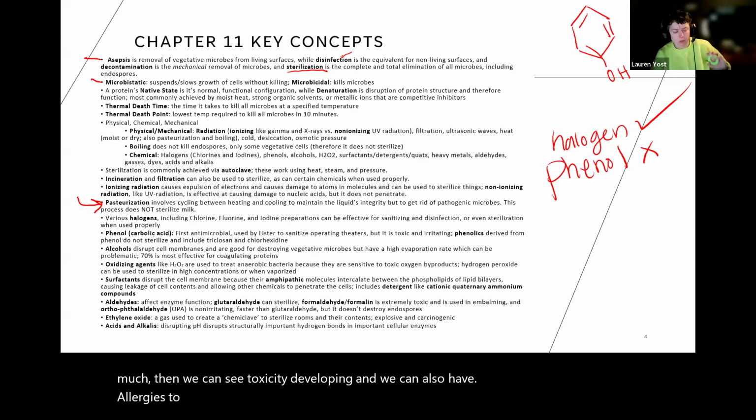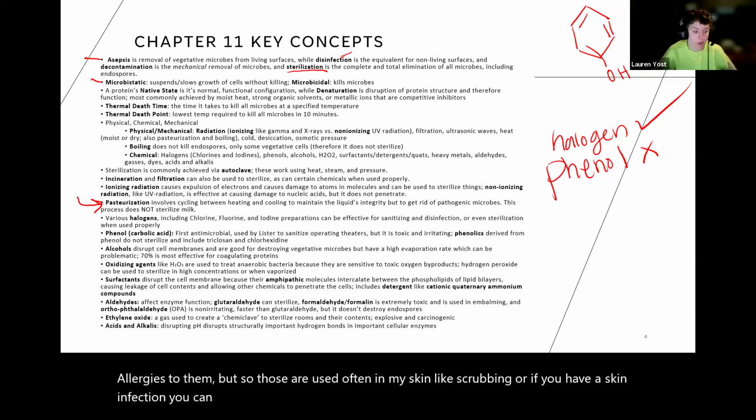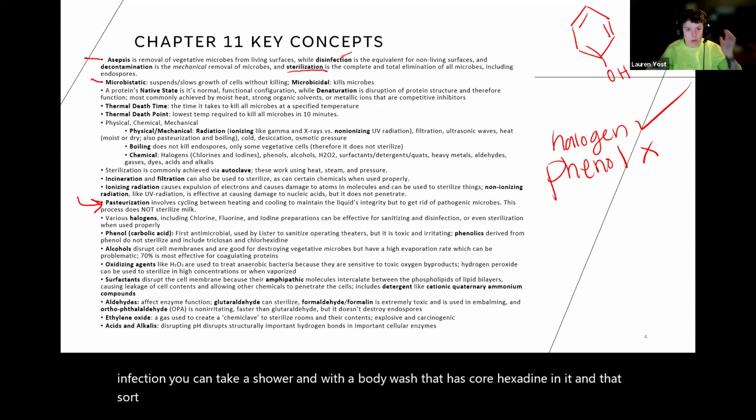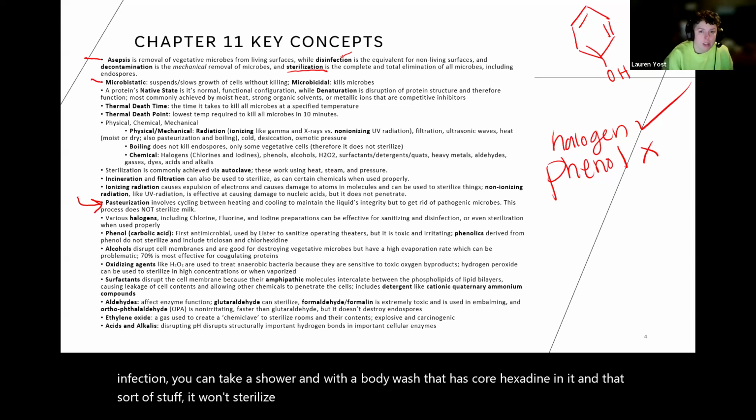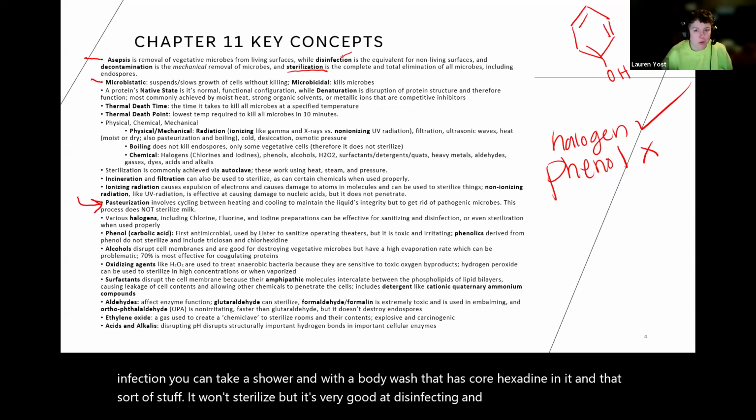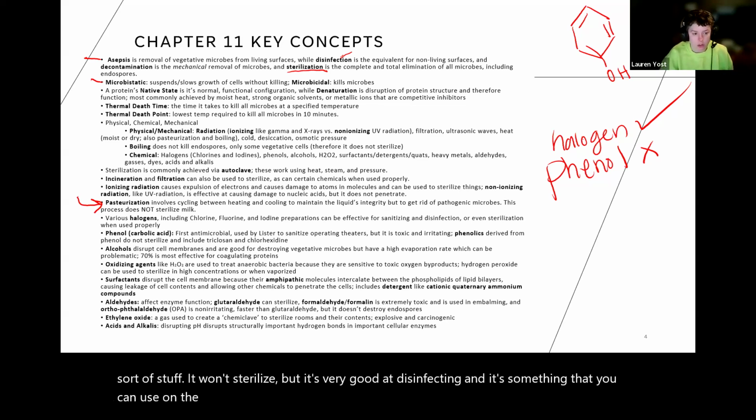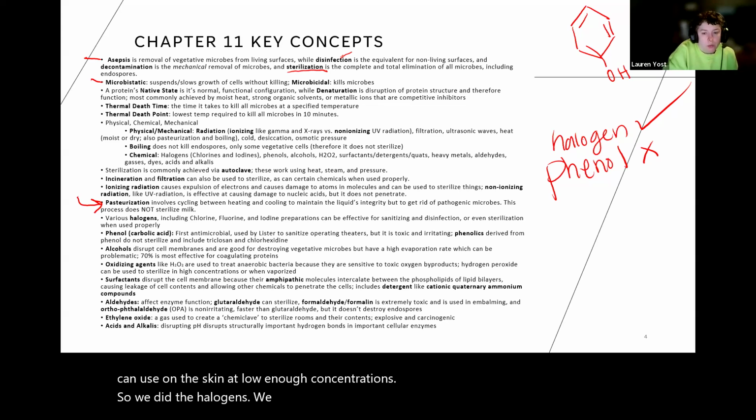But those are used often in skin scrubbing. Or if you have a skin infection, you can take a shower with a body wash that has chlorhexidine in it. It won't sterilize, but it's very good at disinfecting, and it's something that you can use on the skin at low enough concentrations. So we did the halogens, we did the phenolics. Next we'll move on to our alcohols.